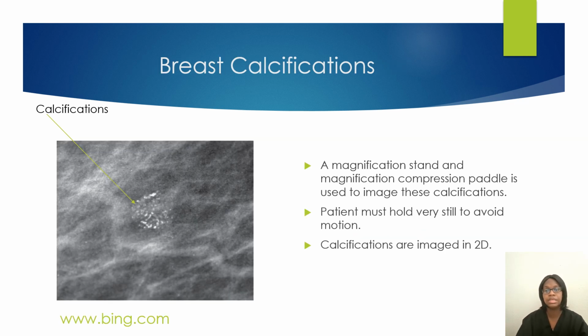This is another image of breast calcification. When a patient has to come back in for these types of diagnostic images, their doctor will order a breast ultrasound with this, but we will not perform it. I say we because I also do breast ultrasound. We do not perform ultrasounds on calcifications or calcs because it will give a streak artifact.